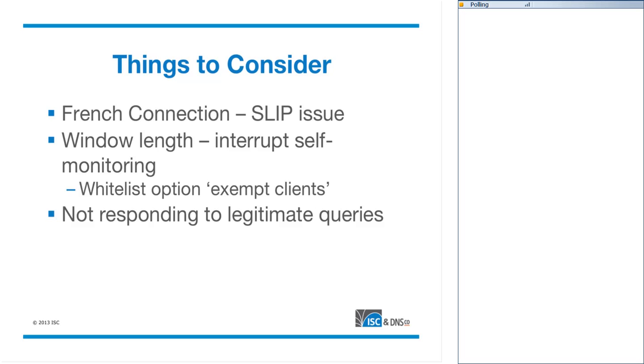Yes. We firmly believe that RRL is necessary until such a point that everyone can just sign their zones with DNSSEC. Once DNSSEC happens, a lot of this goes away to a large extent, because then you can validate that the answers you're getting back are correct, and you're not having to worry about cache poisoning. Cache poisoning, in theory, just goes away.